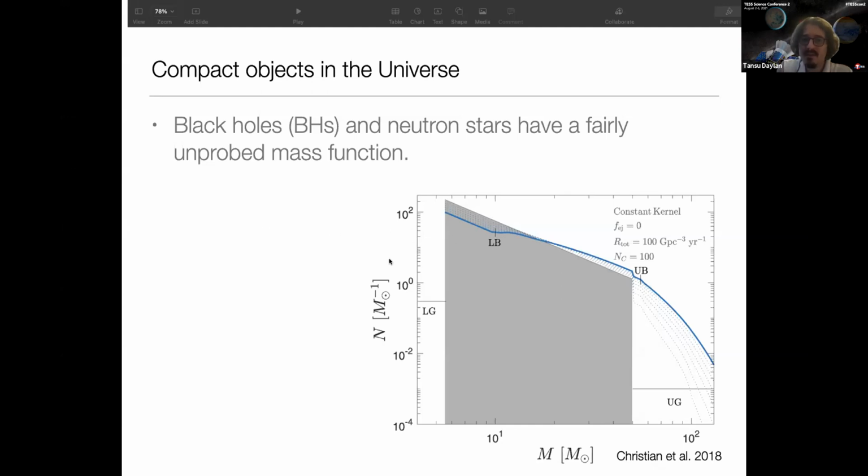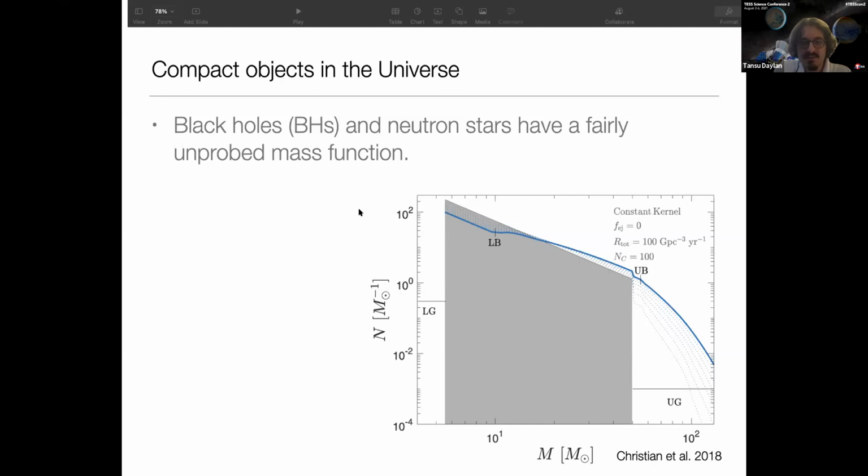Especially if you think about the mass function of black holes, we think that the lightest black holes must have a mass of order 5 solar masses. And if you take into account the evolution through mergers, we tend to think that the minimum mass should be around the same, but the upper gap, the gap beyond about 60 solar masses, should be slightly filled due to mergers.